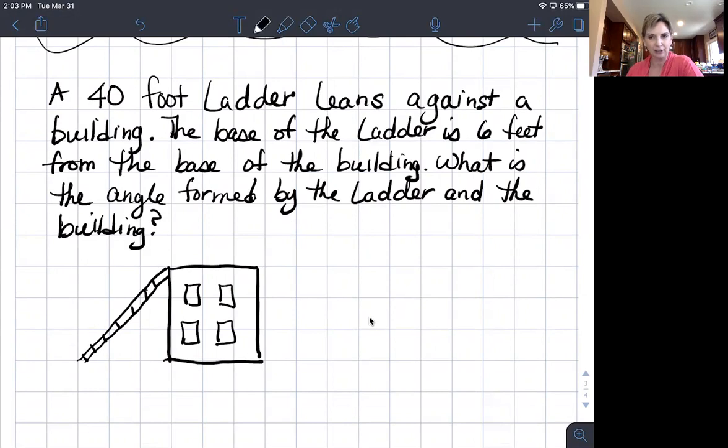Well, we know this ladder here is 40 feet long, and we know the base of the ladder is 6 feet from the base of the building. So this right here, this is 6 feet. And what we want to know is this angle right here. What is the angle where the ladder meets the building?